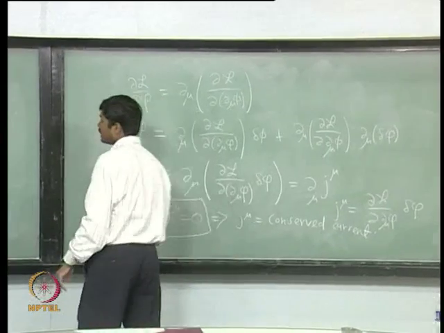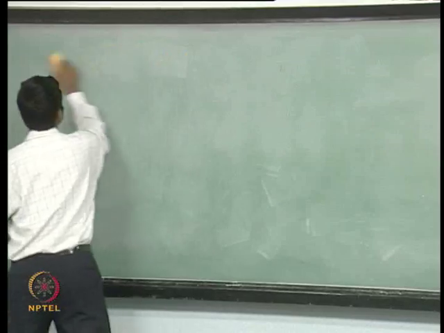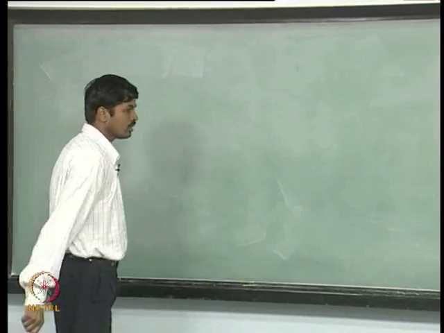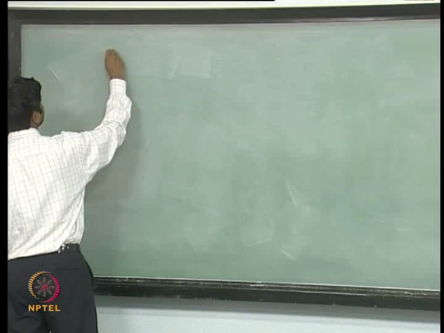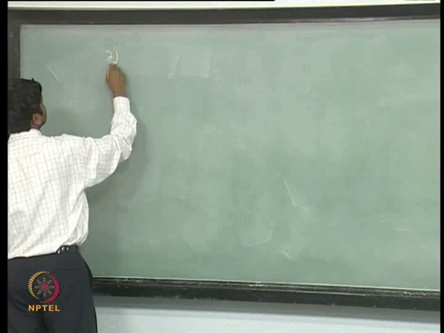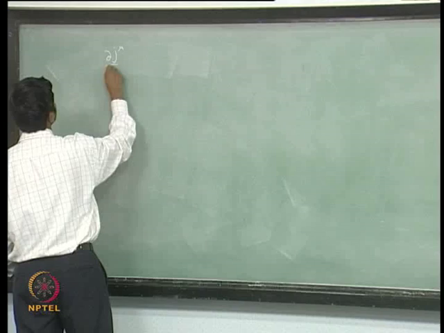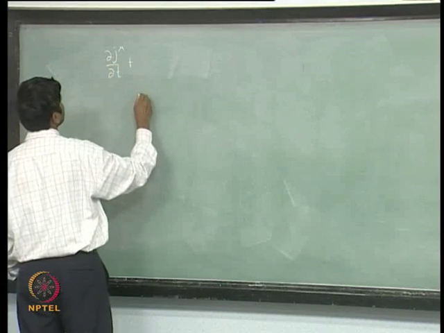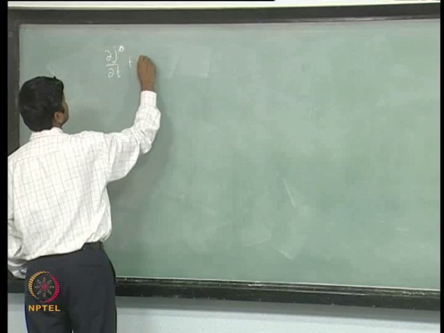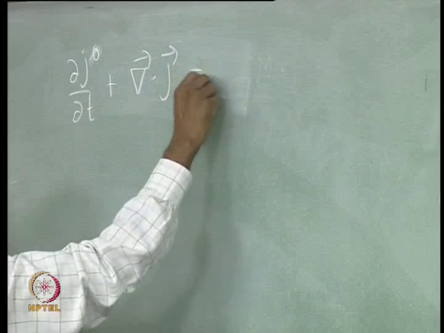We will see it in a moment. So, let us write this equation in terms of components. What we get is del j 0 over del t plus del dot j is equal to 0.